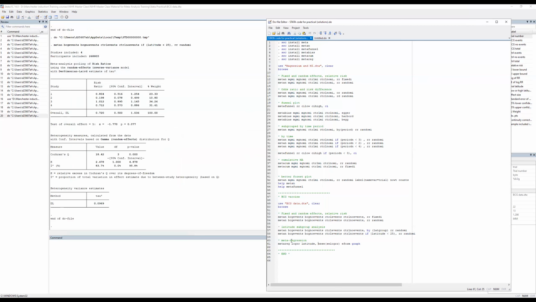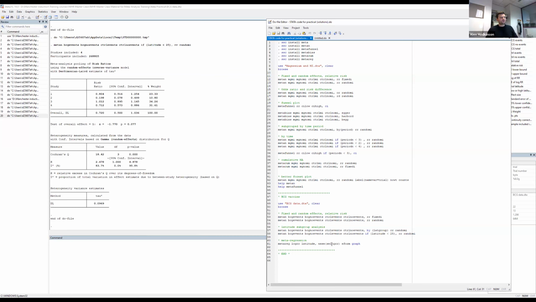Now, latitude is a continuous variable. We've got lots of different degrees values. Rather than trying to separate it into subgroups, we can also analyze it through a meta-regression. The best way to do this is obviously transforming the data to a log scale, which we've done for you, where we have the log relative risk estimates and the standard error of the log relative risk.